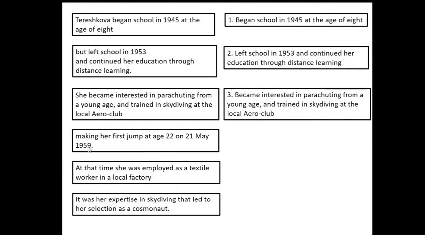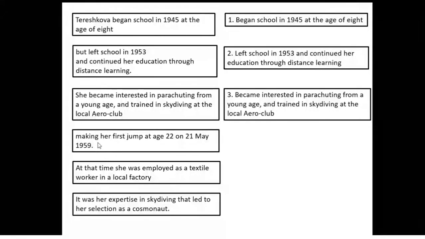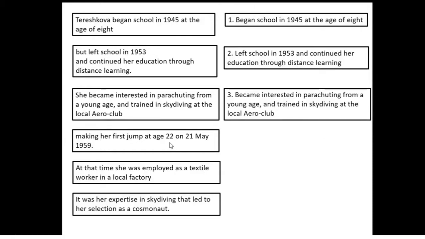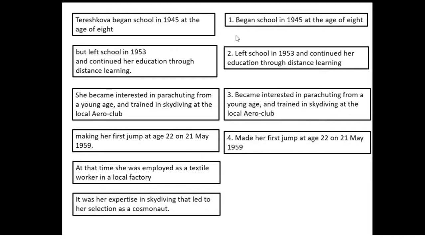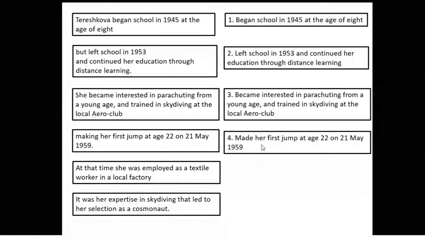And then making her first jump at the age 22 on 21 May 1959. In the same way as the points mentioned before, you can change the verb into past form.